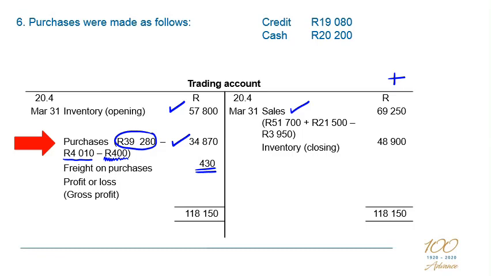It will be closed off to profit and loss. And then from these items, opening inventory plus purchases plus freight on purchases, I will deduct the closing inventory. So that's why it's on the opposing side, closing inventory. And now I can calculate my profit or loss.